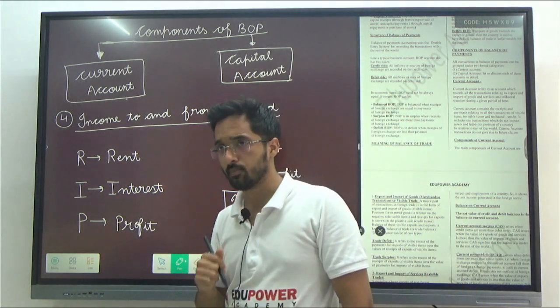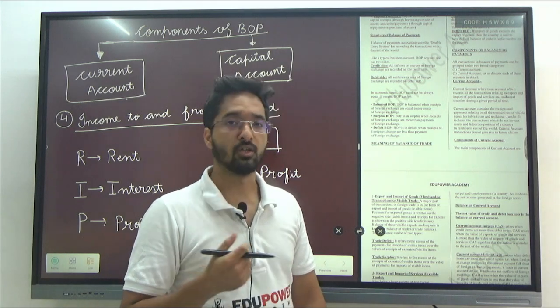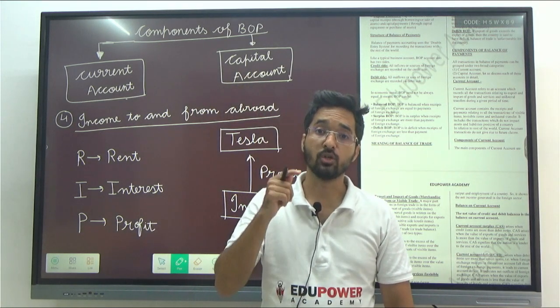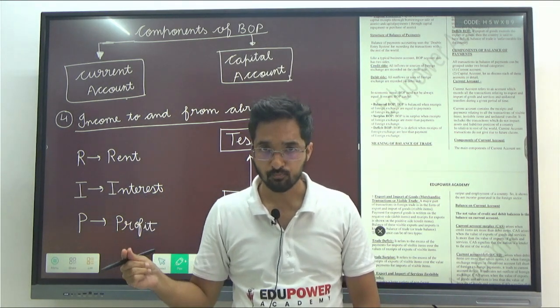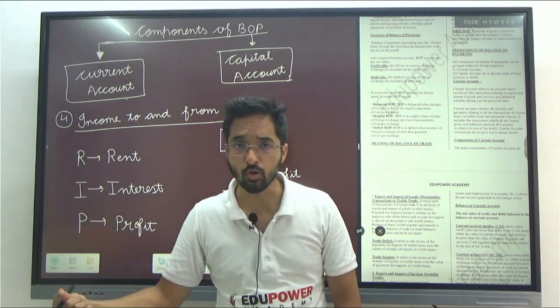Another very good example: suppose we have Shri Ratan Tata ji. Ratan Tata ji decides one fine day that he is going to establish a car manufacturing plant in the UK.